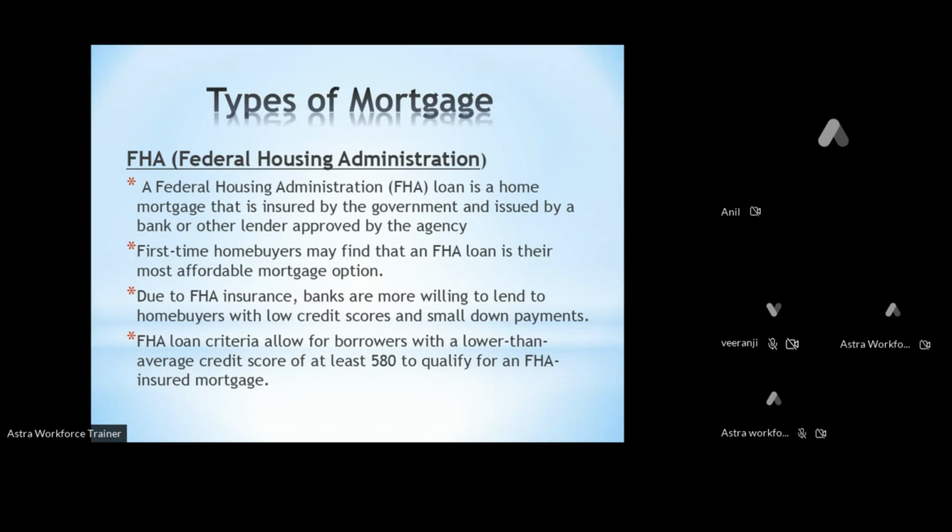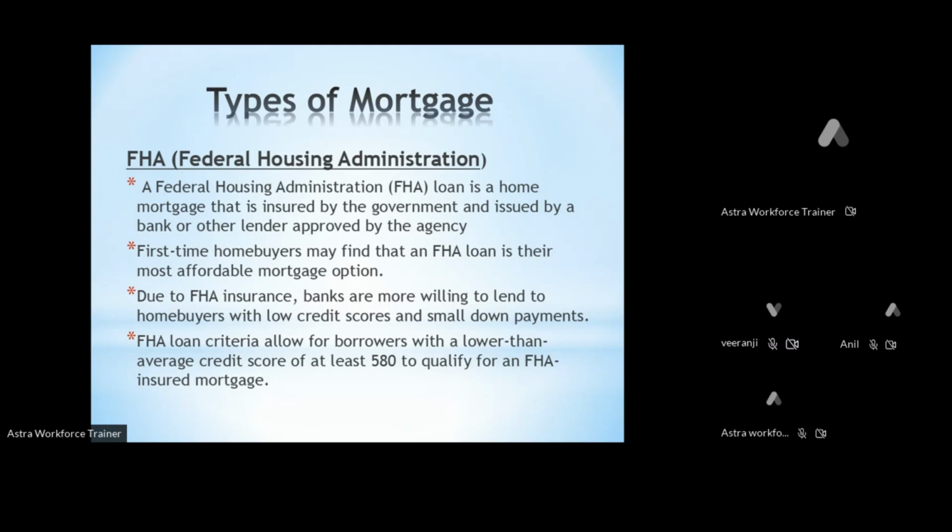Due to FHA insurance, banks are more willing to lend to home buyers with low credit scores and small down payments. FHA loan criteria allow borrowers with a lower than average credit score of at least 580 to qualify for FHA insured mortgages.